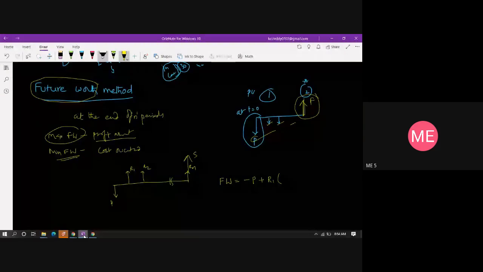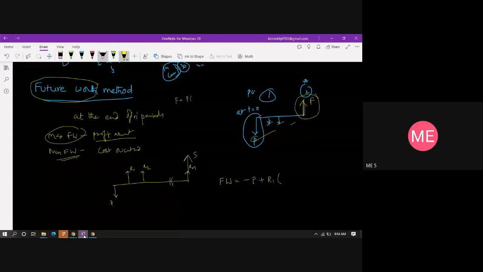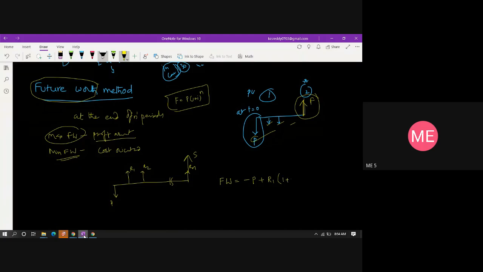It is nothing but compounding. How do we calculate the compounding? F is equal to P into (1 plus i) to the power of n. Similar to this equation, for the present worth minus P we calculate the future worth at the end of n years: minus P into (1 plus i) to the power of n.